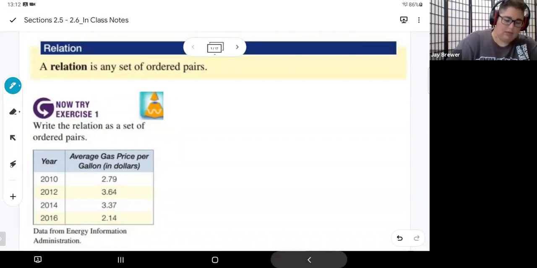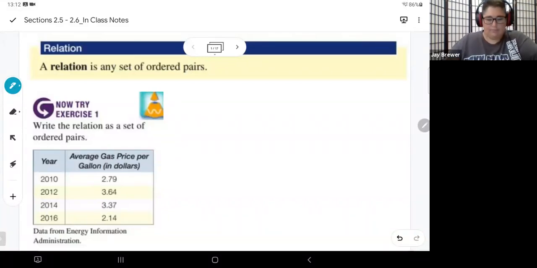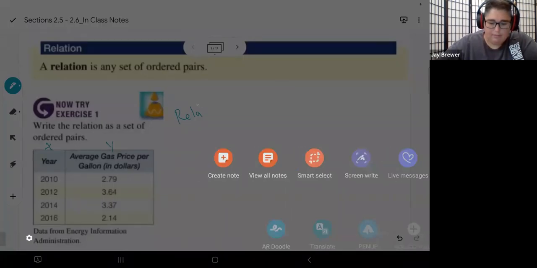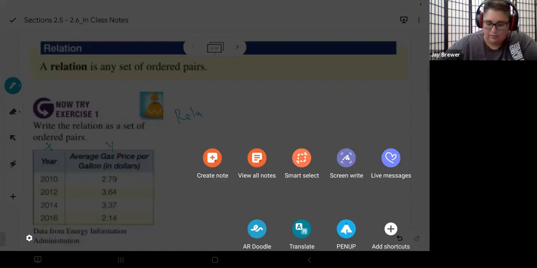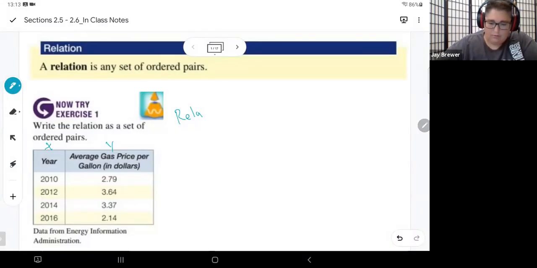Typically, we're looking at the x's in the first column and the y's in the second column. Okay. So to write this relation, apologies, still getting used to the new pen.